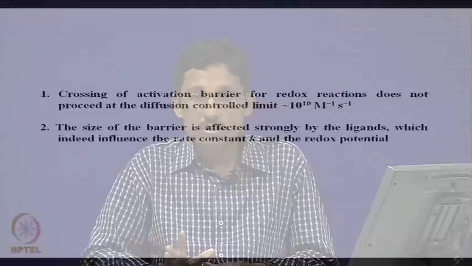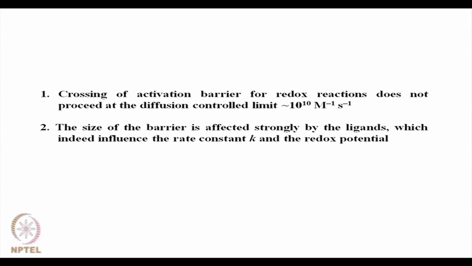So, ligands play a vital role in controlling the rate of electron transfer. That is, crossing of the barrier is very much dependent on the ligand. Crossing of the activation barrier for redox reaction does not proceed at the diffusion control limit, which is of the order of 10 to the power 10 mole second inverse. Okay. This is another observed situation.